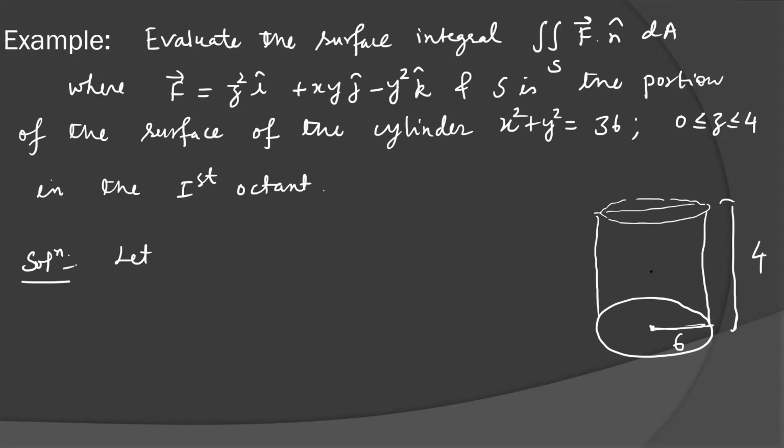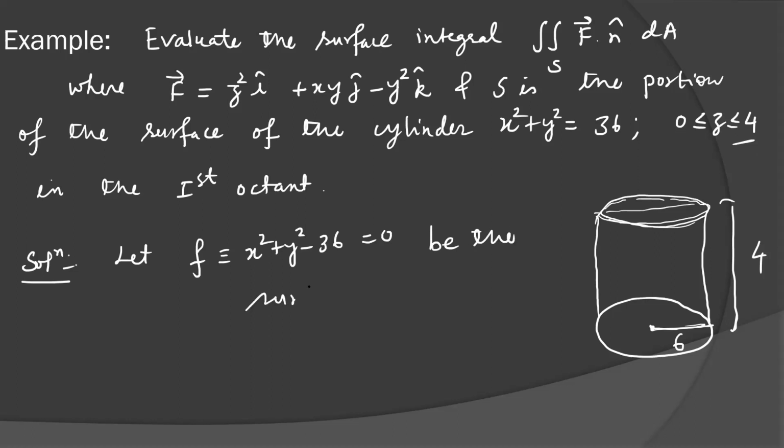So the surface is actually circular, and this circle is extended up to height 4, then it becomes a cylinder. So the surface F is given as x square plus y square minus 36 equal to 0.